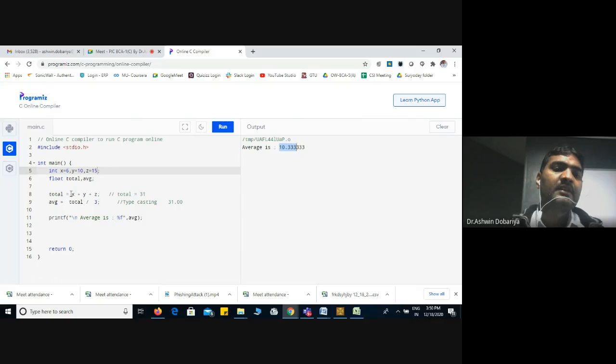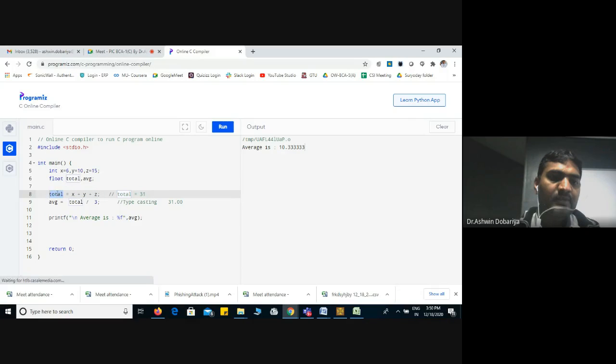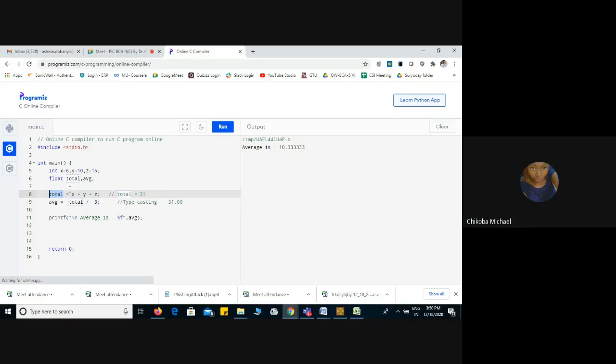Why? See the total. Now you tell me what is the conversion over here. See here, x, y, z are what type? Integer type. Then if we mention 6, 10, 15, then x, y, z will give 31. But that 31 is stored in what type of variable? A float.